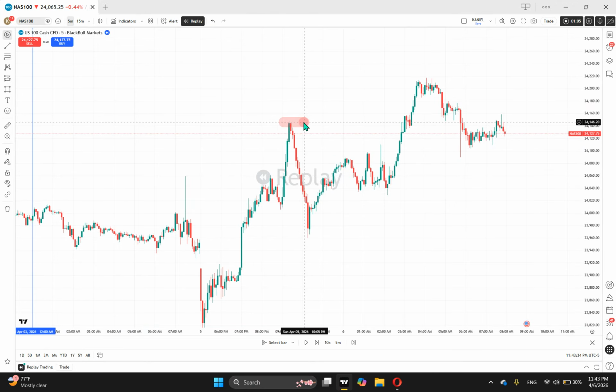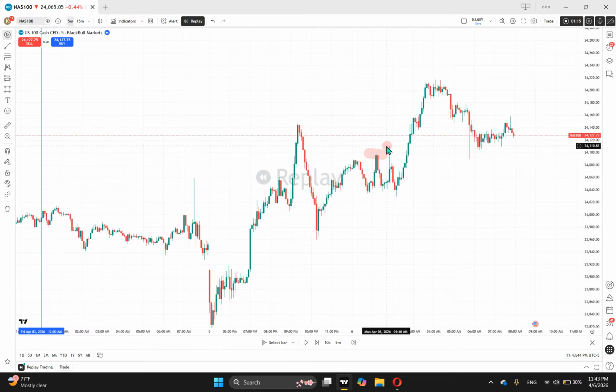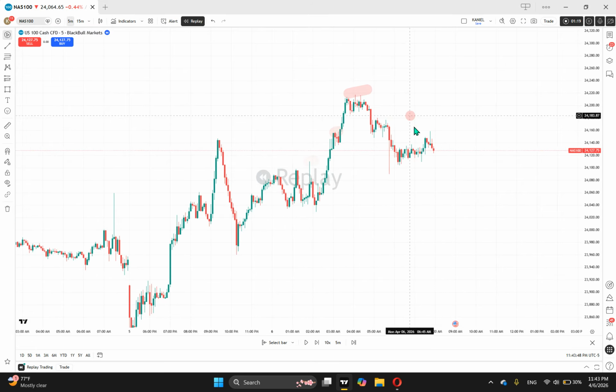So it made this high right here, made a lower high, and it went on and kept making higher highs after this, as you can see.